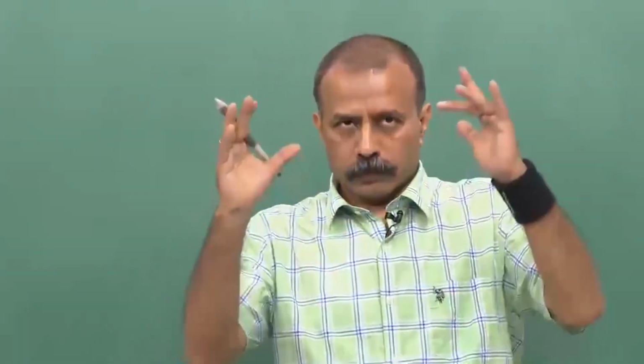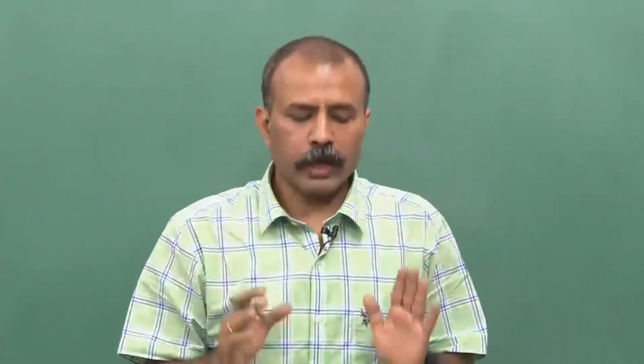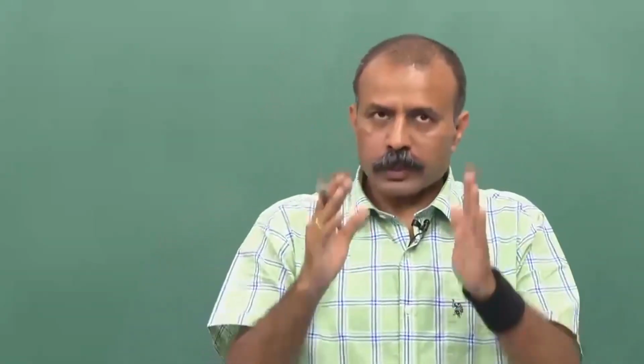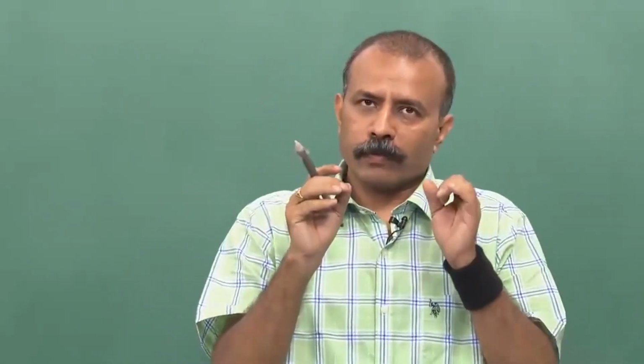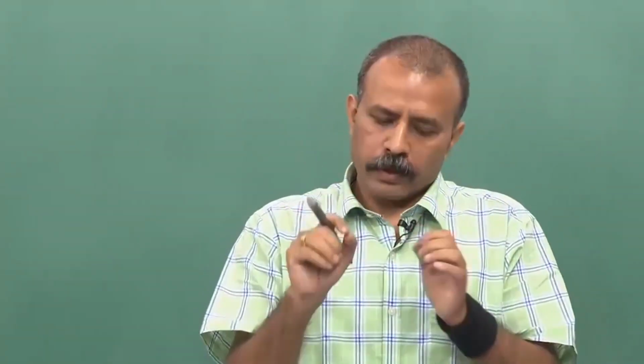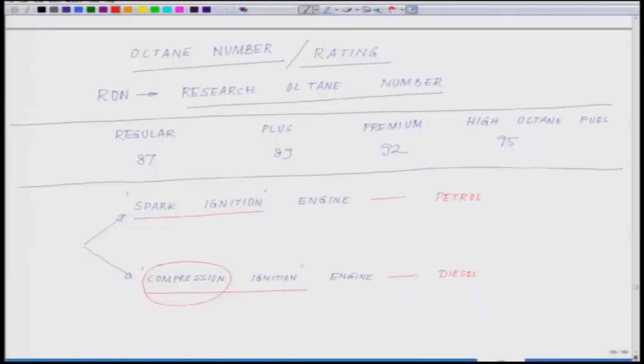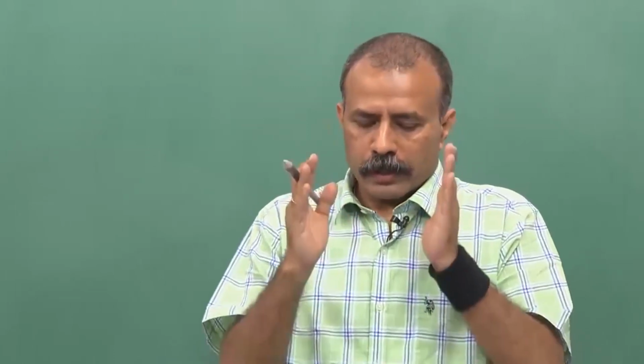These are the basics; we will draw the whole schematics to make you understand. Just by looking at the word, you should be able to understand: spark means for ignition you have to use a spark. When you are compressing something for ignition, that is called compression ignition.